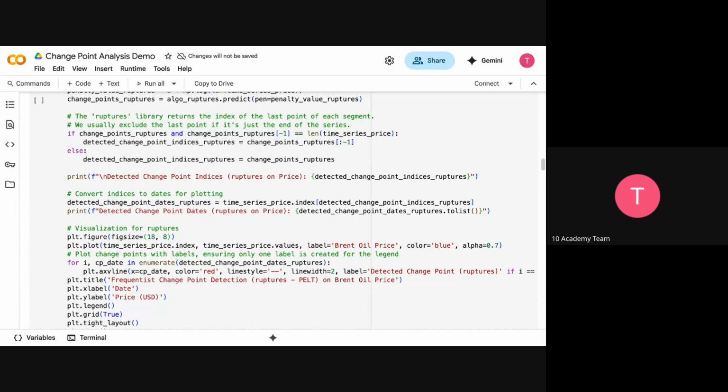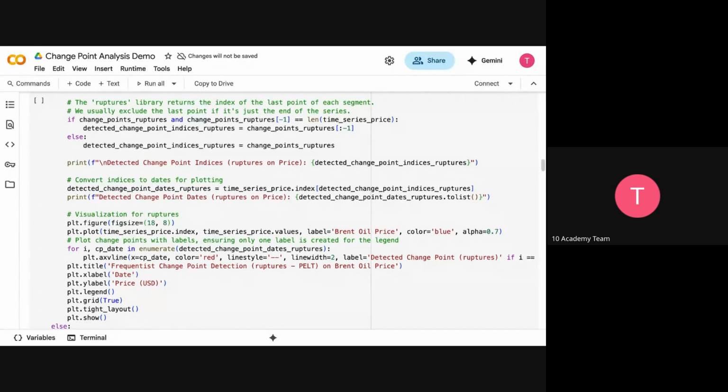So you can exclude the last one. Is that clear? If you try to identify 4 change points, the fourth one that the model detects is going to be the last point of the time series data, so you can remove that one. If it is the last one, you can remove it, but if it is not, you can use it.